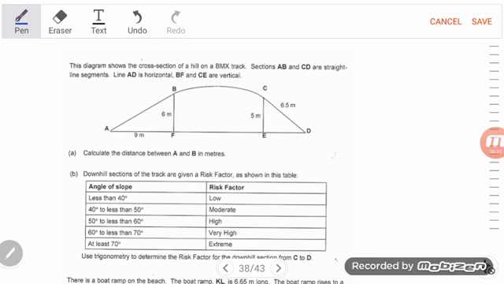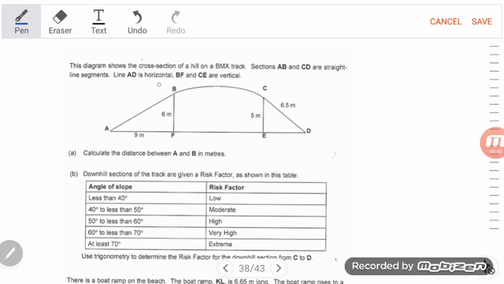So, this says, this diagram shows the cross-section of a hill on a BMX track. Sections AB and CD are straight line segments. So that's just saying that AB, which is this bit up here, is straight, and CD, which is this bit over here, is also straight.